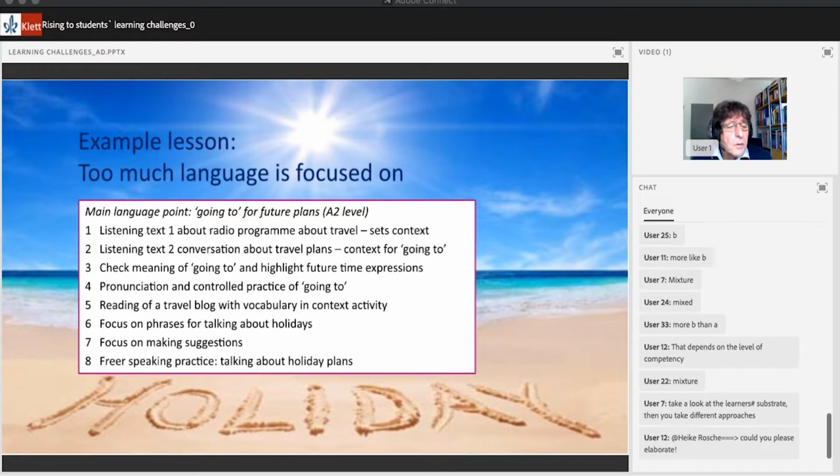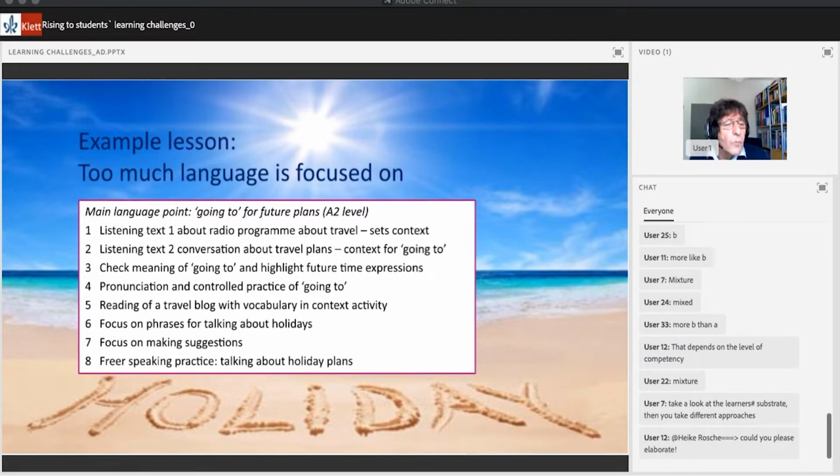Then students read a travel log about travel, with introduced vocabulary for travel, and then they focused on some other phrases for talking about holidays. Then they focused on making suggestions and did an activity about that, and then finally they did a free speaking practice where they talked about their holiday plans.